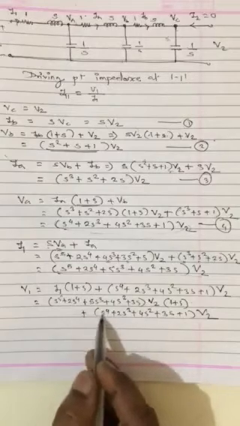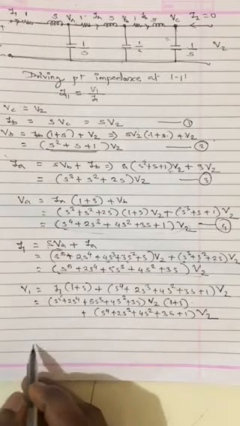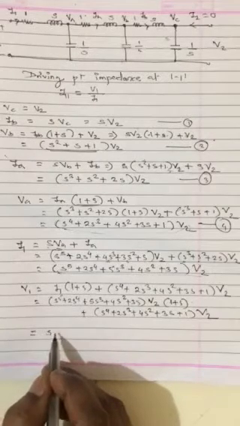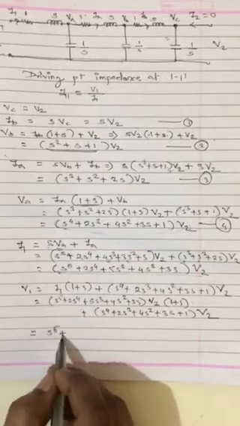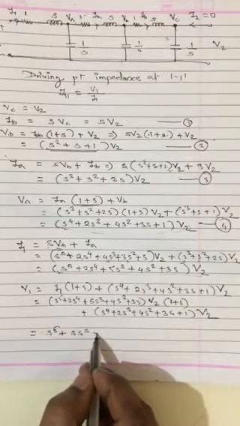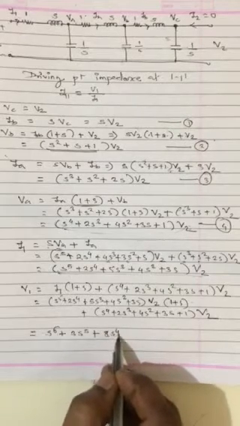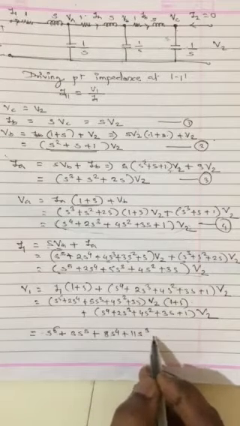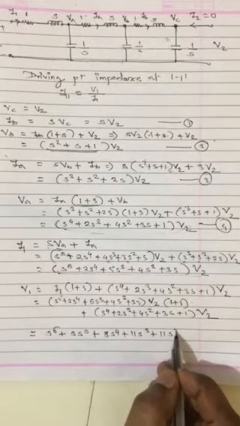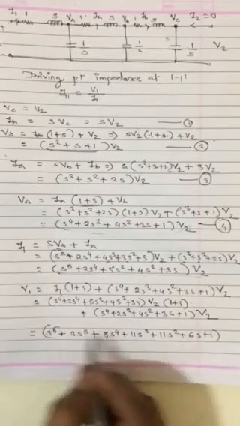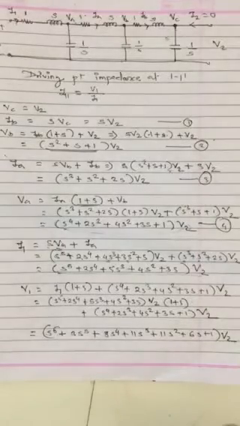Then open it, then open this bracket, add everything and take V2 as common. So you should get s raised to 6 plus 3s raised to 5 plus 8s raised to 4 plus 11s cube plus 11s square plus 6s plus 1, multiplied by V2. This is the whole term. Now what is asked in the question?